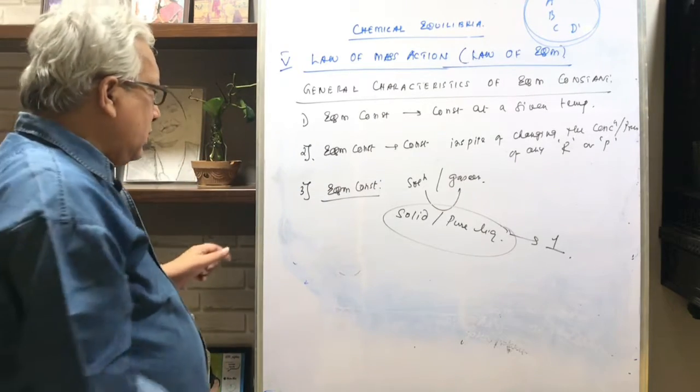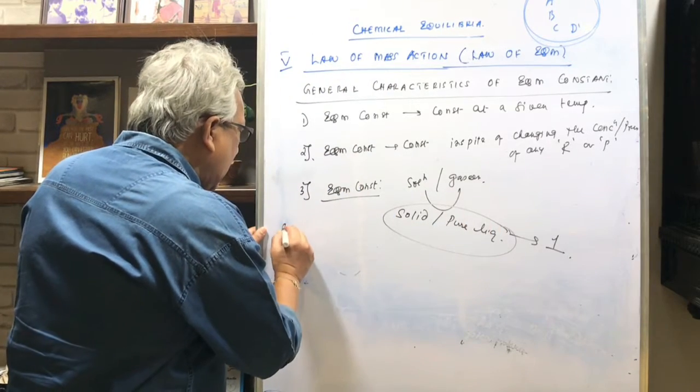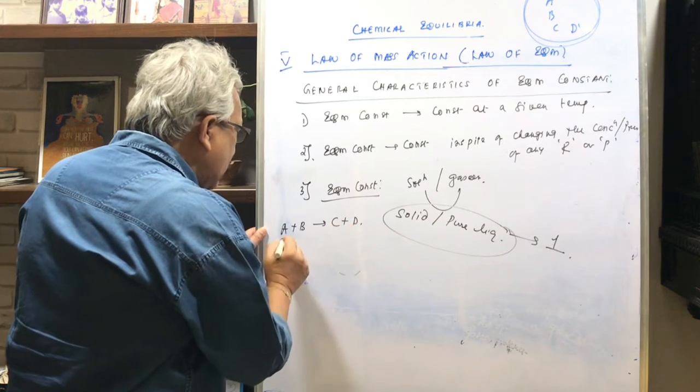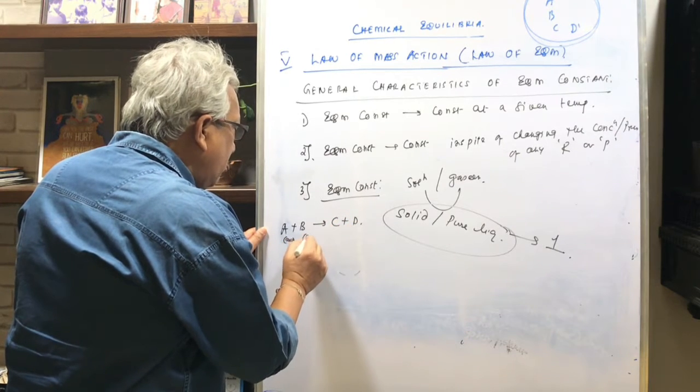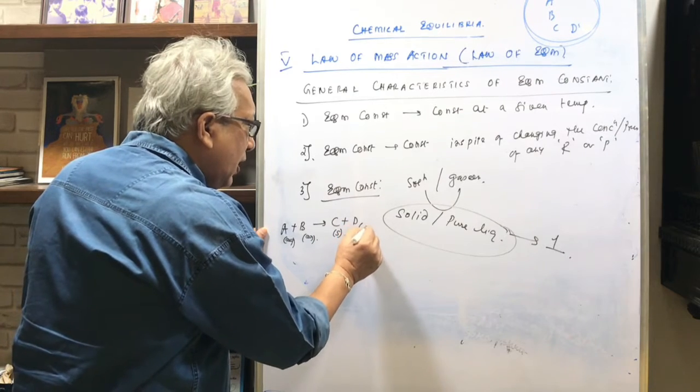What I mean is, suppose there is a reaction. Again, I will write it like this. A and B are reacting to give C and D. Let's say A is in the aqueous state, B is in the aqueous state, C is in the solid state, forming a precipitate, and D is in the aqueous state.